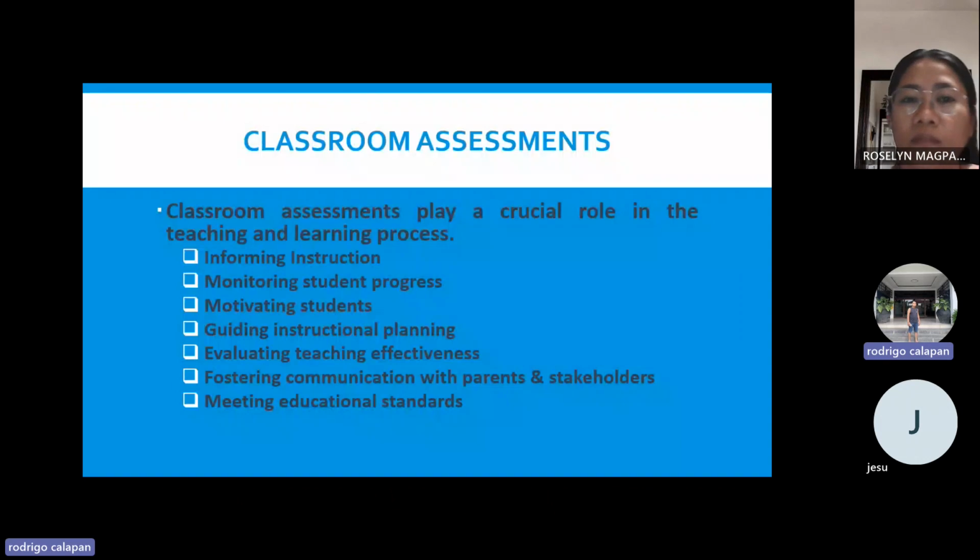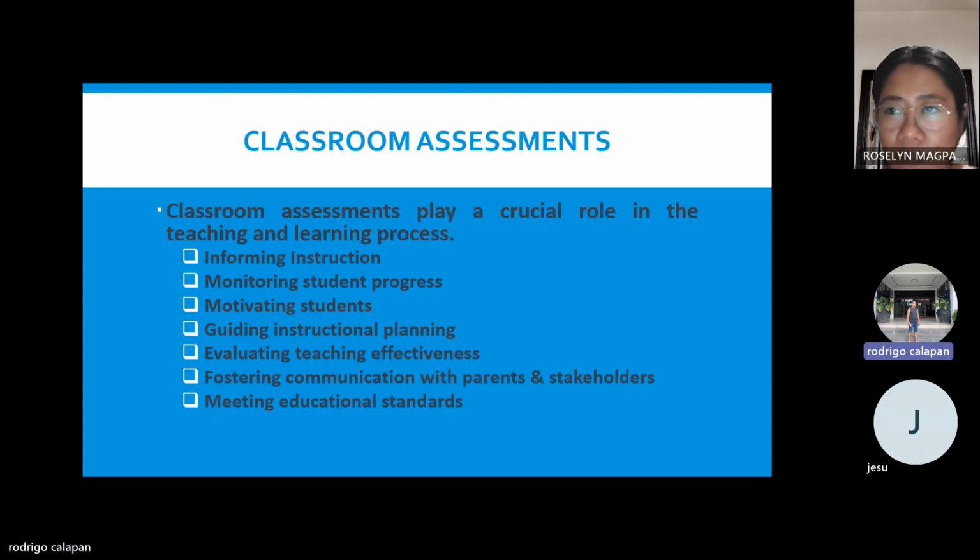By analyzing assessment data, teachers can reflect on their teaching practices and make well-informed decisions about instructional modifications, resource allocations, and definitely professional development needs.